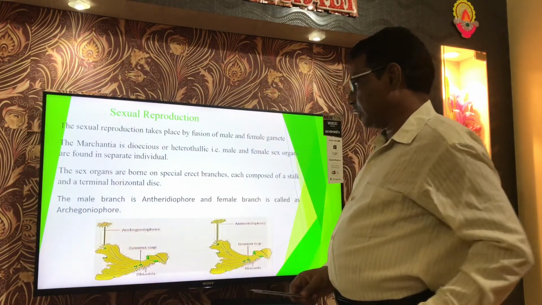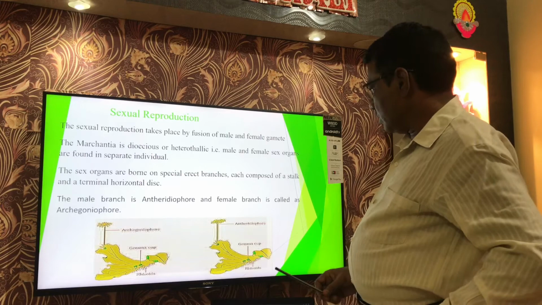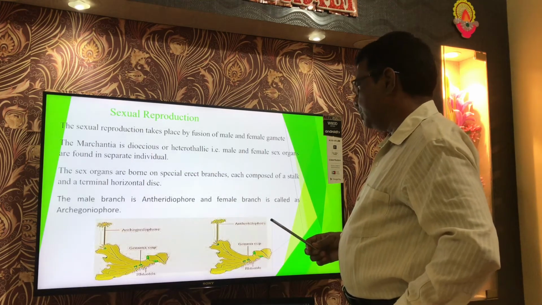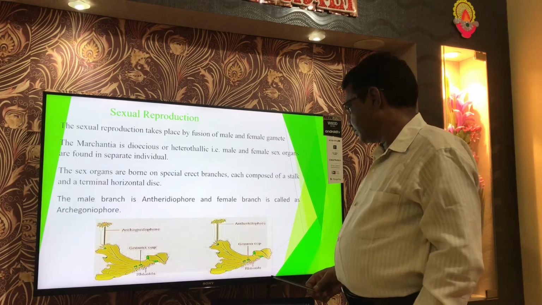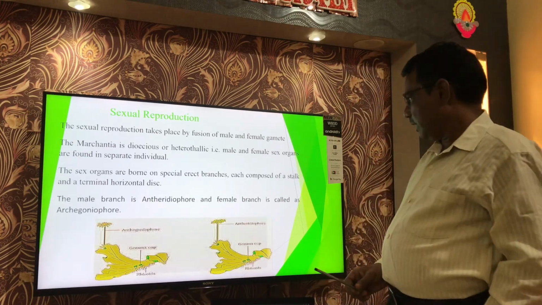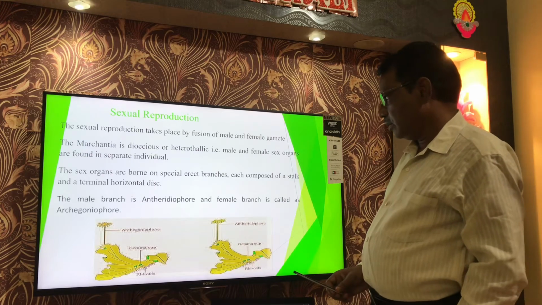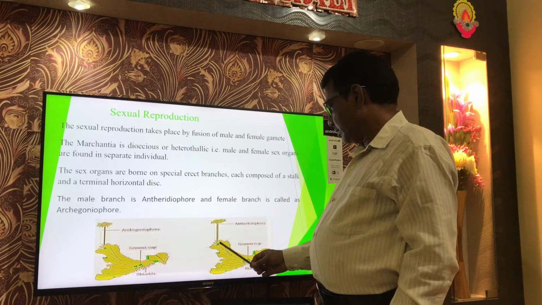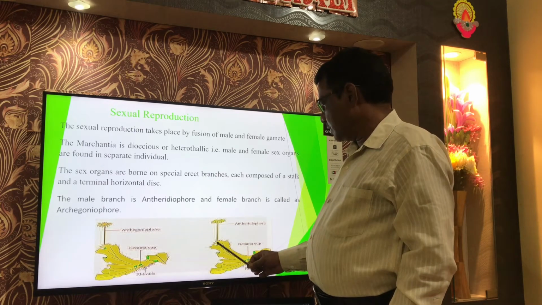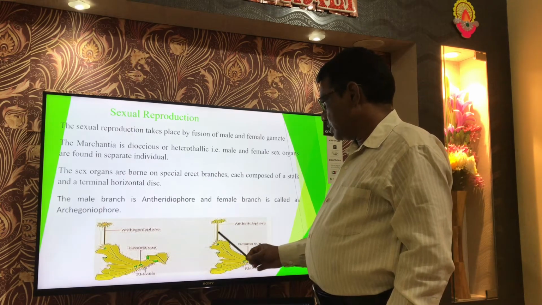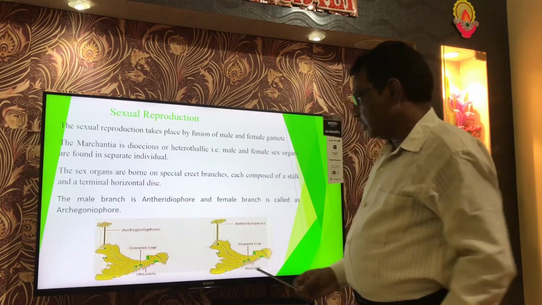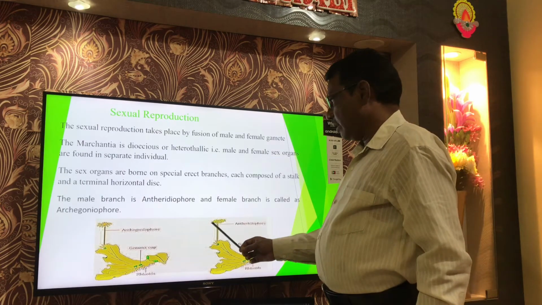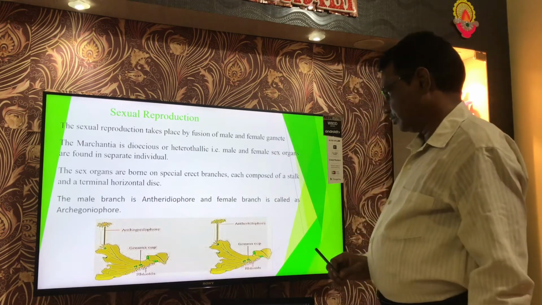Here, the sex organs are usually borne on special erect branches, each composed of a stalk and a terminal horizontal disc. Now, if you observe, this is a gametophytic thallus of Marchantia, producing a long unbranched stalk, and at the tip of the stalk you have a disc-like structure.